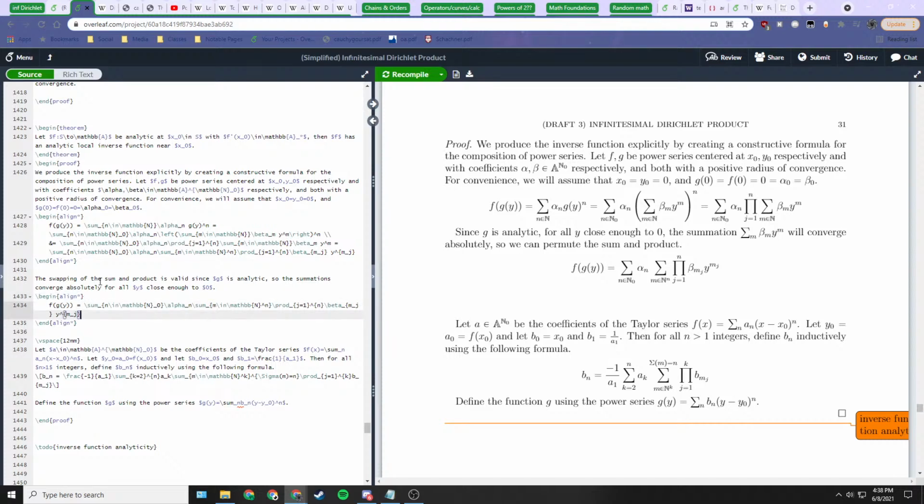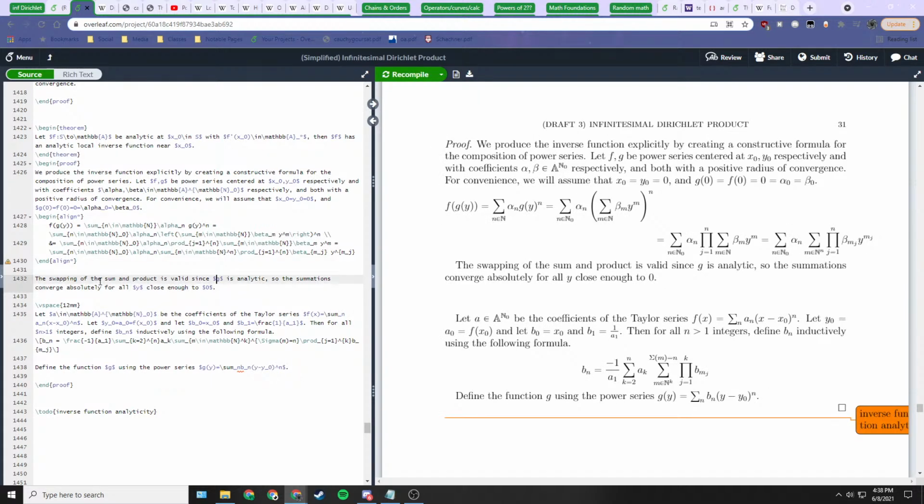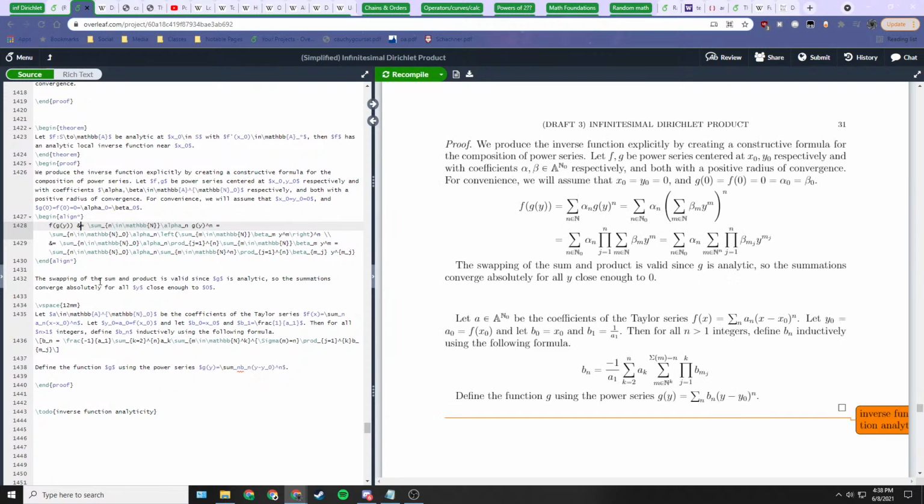Okay, so we're going to leave ourselves right there. Okay, so the swapping of the sum and the product is valid since g is analytic, so the summation converges absolutely.